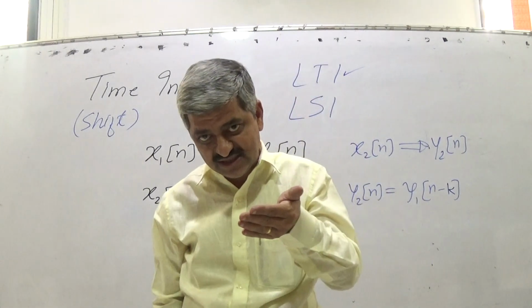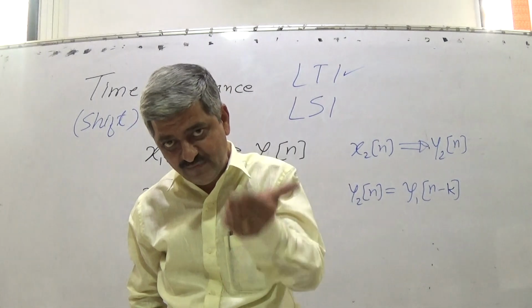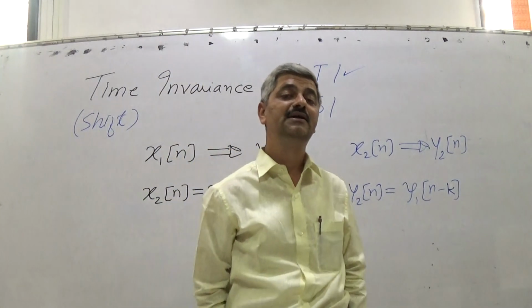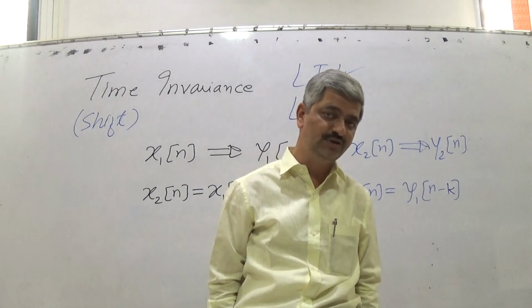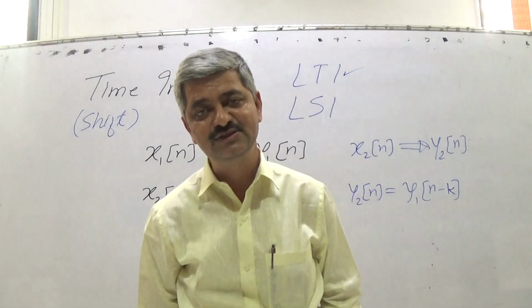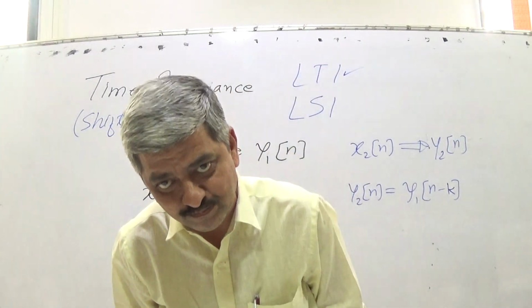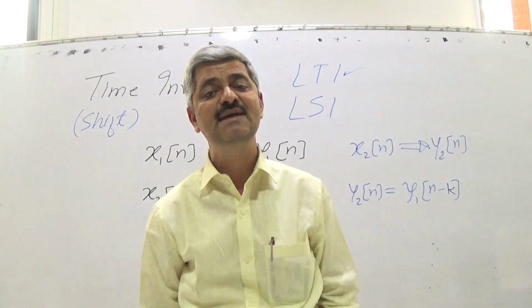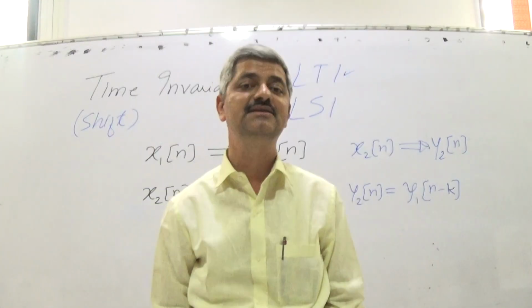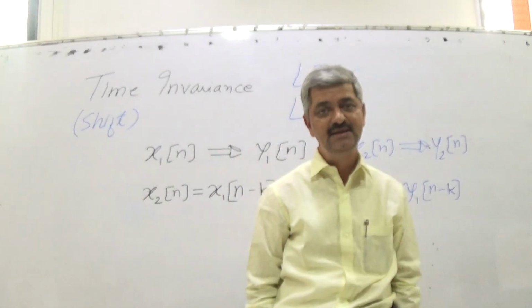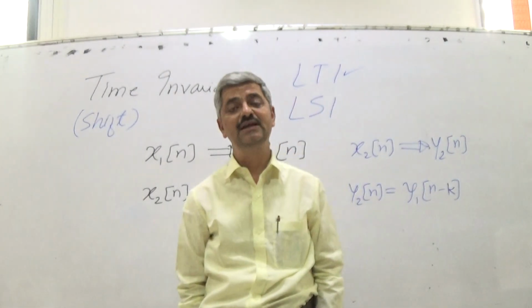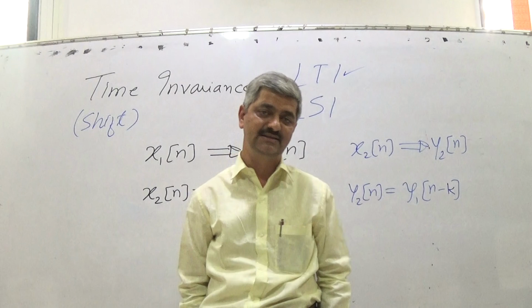The system is said to be time or shift invariant if the shifted input applied results in the output shifted by the same amount. If it happens, it is called a shift invariant or time invariant system.